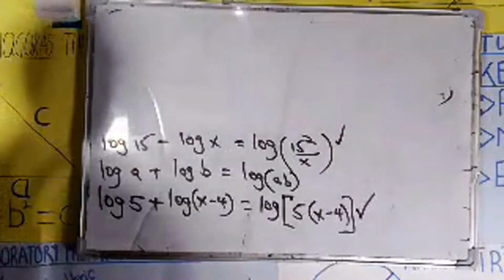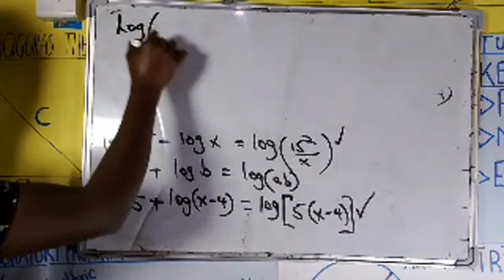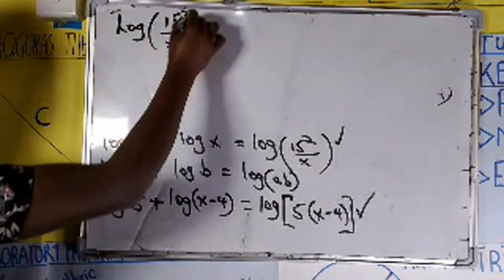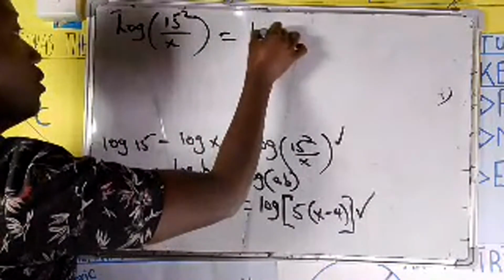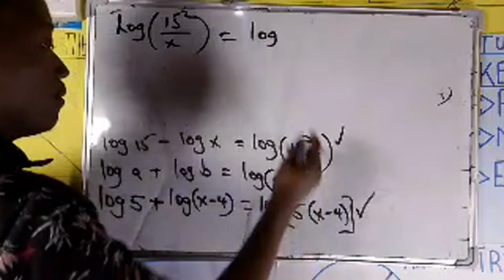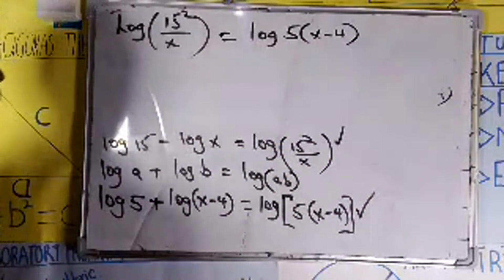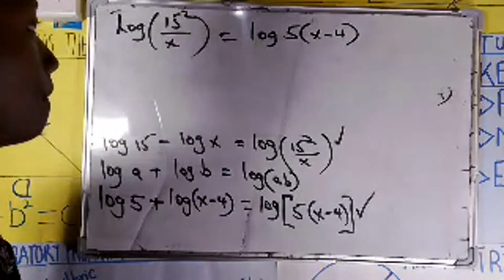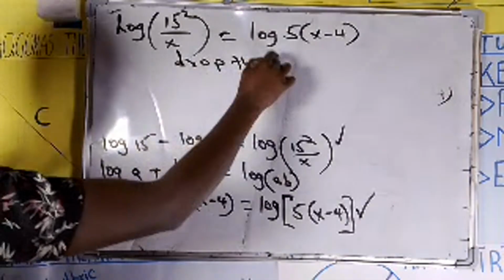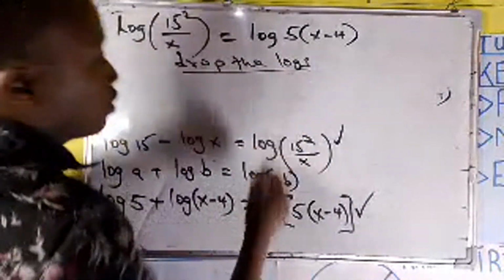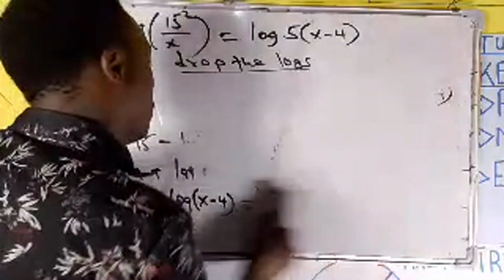So itakuwa tutachukua hii log 15 squared over x is equal to log 5 x minus 4. Tukiwa na hiyo, ukifika hapo you can just drop the logs. Unaachana na logs, una solve bila logs.